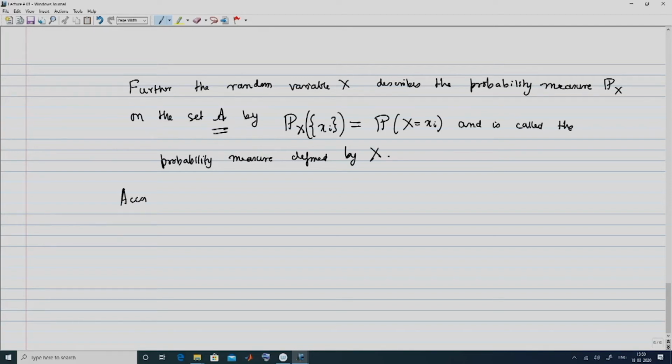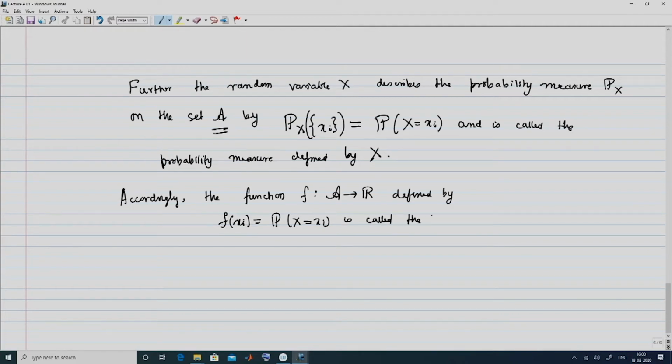So, accordingly, the function small f from A to R, just like we had defined the small f earlier to define the probability mass function, defined by f of x i is equal to probability x equal to x i, is called, just like before, this time also we are calling this the probability mass function of the random variable x.